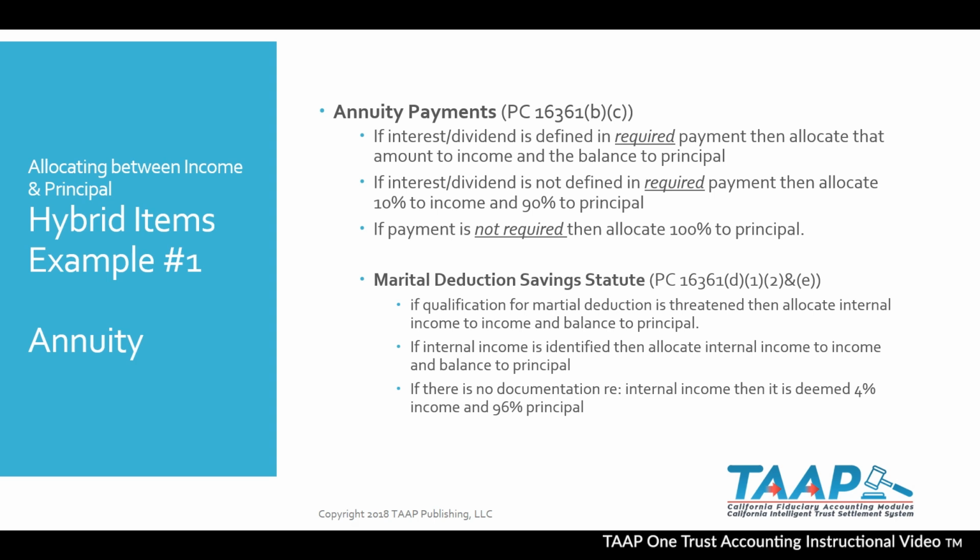If it's not a required payment, then allocate 100% to principal. You can see some more information related to the marital deduction savings statute as an example. If you want to read that, you can stop the video and take a look.